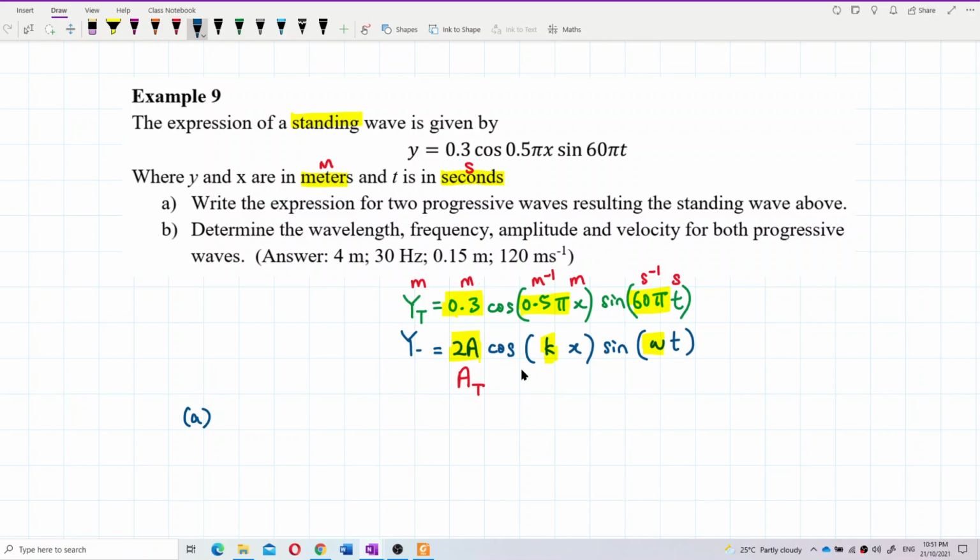For individual wave it is small y, because we have y1 and y2, because we all know that the standing wave is the superposition or overlapping between y1 and y2 waves.